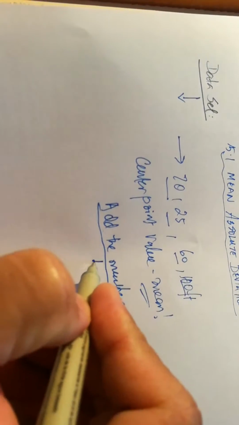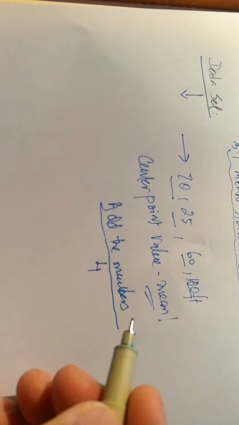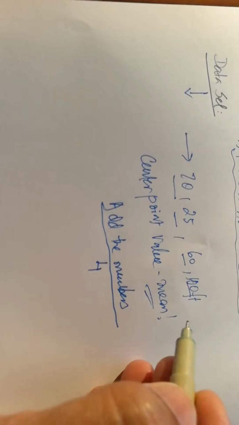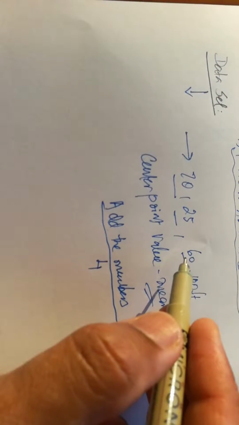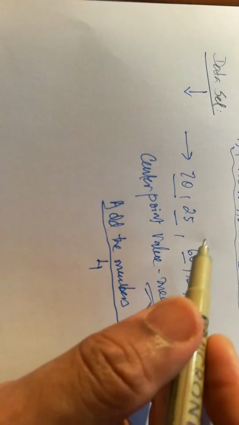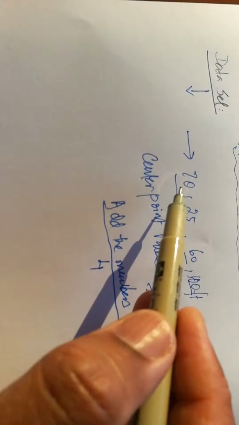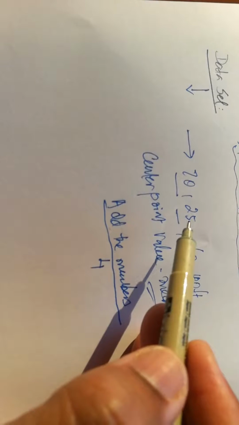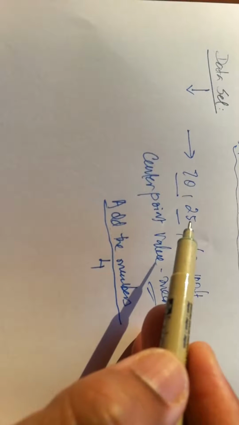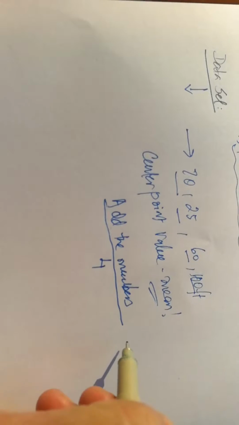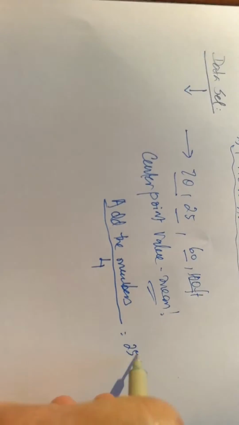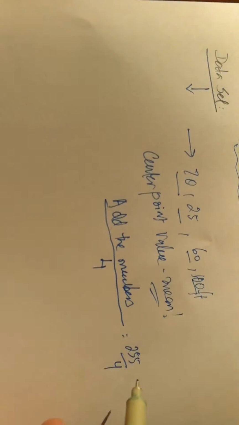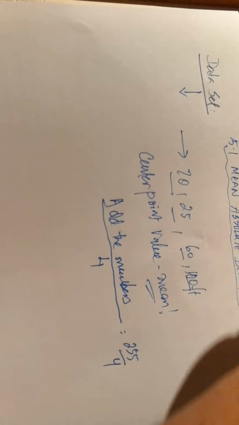There are 4 data points, so you divide the sum of the numbers by 4. So in this case it will be 100 plus 60, 160. 160 plus 70 would be 230. 230 plus 25 would be 255. So 255 divided by 4 will be the mean.